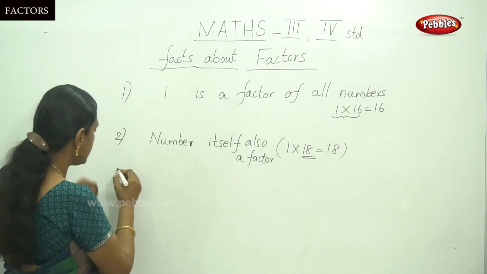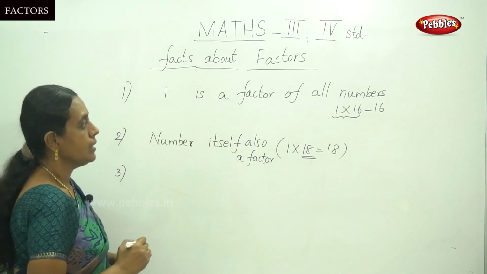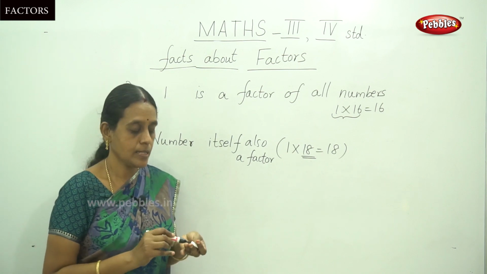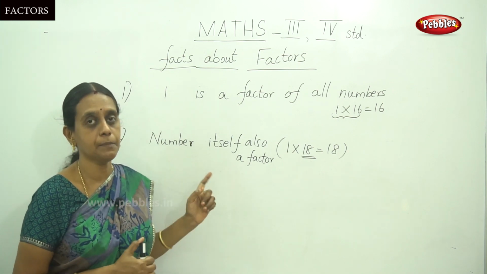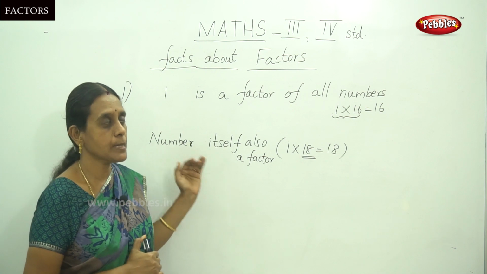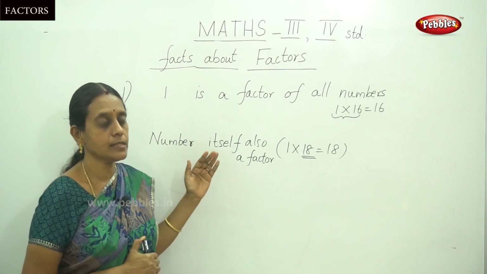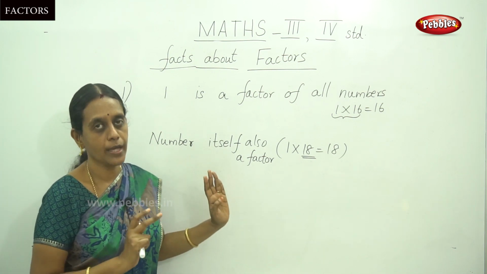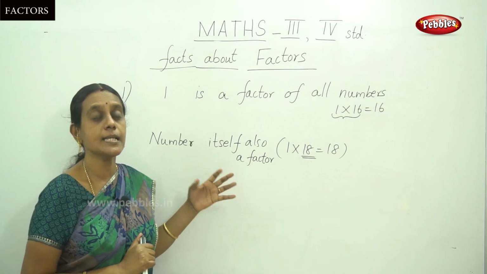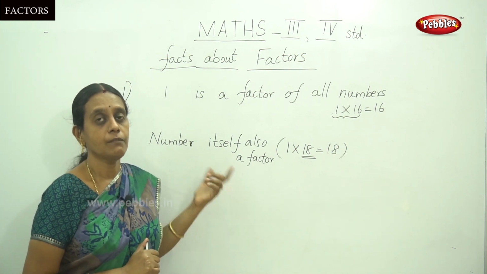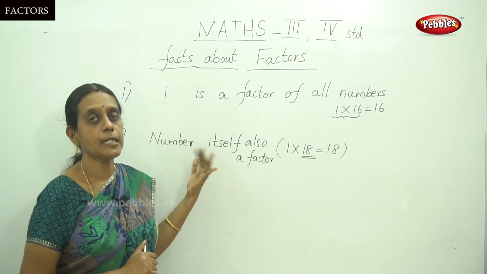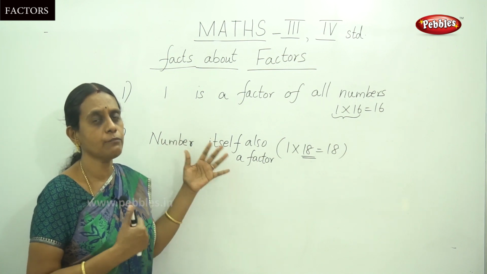And the third one, similar to the case of multiples: multiples go on unlimited, because we get multiples by multiplying the number by 1, 2, 3, 4 and so on.